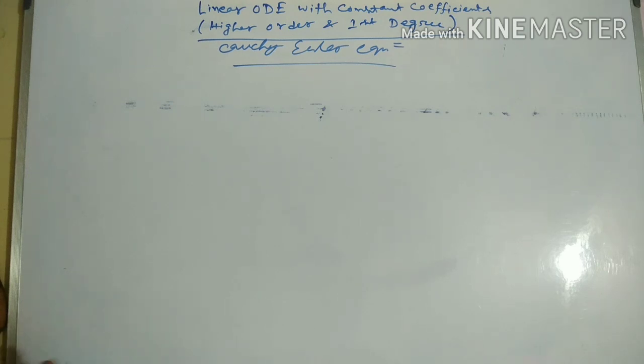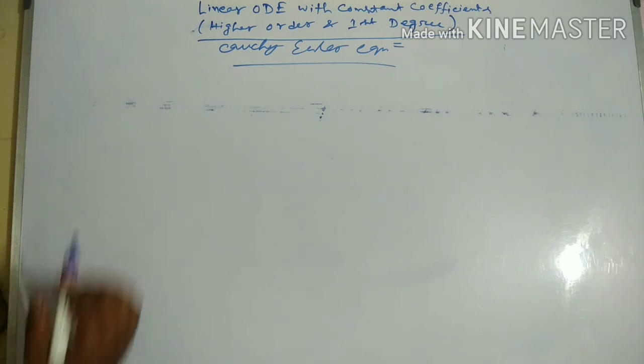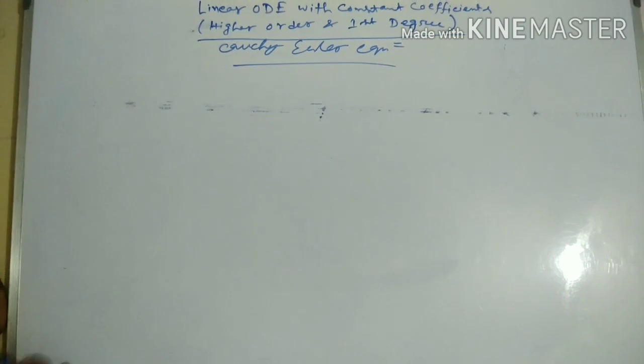This is a specific type of ODE of higher order and first degree, but for solving these Cauchy Euler equations we have to reduce the Cauchy Euler equation to a linear ODE with constant coefficients. Then we solve that ODE using the D operator method or the method of variation of parameters.